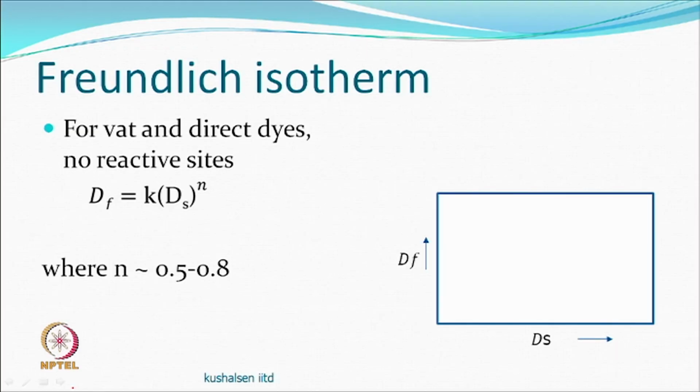Freundlich does not take into account that there are a limited number of sites and therefore the dye cannot go. It believes that there is an amorphous region where the dye will keep going, and the amorphous and crystalline regions are interdispersed uniformly, and therefore the dye would keep on going, but the rate of diffusion would depend on how much dye the fiber initially has and how much the solution has.